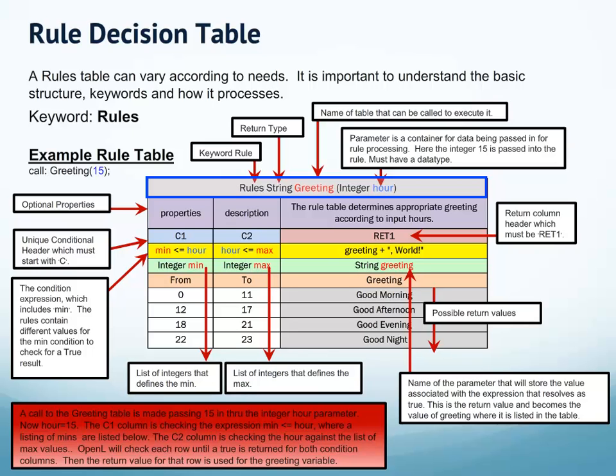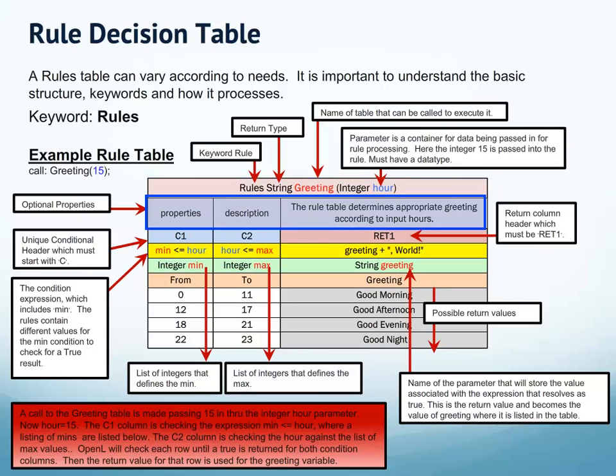It's also called the table name. And then lastly, in the header, we have in parentheses any parameters that you're going to pass in. First you need to define the data type of the parameter that's going to be passed in, and then the actual name of the parameter will be listed.